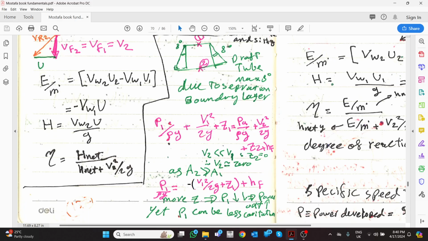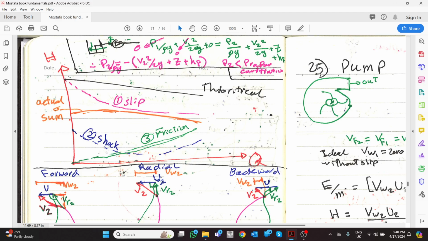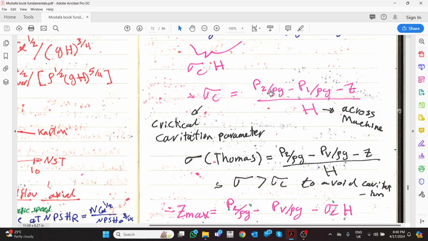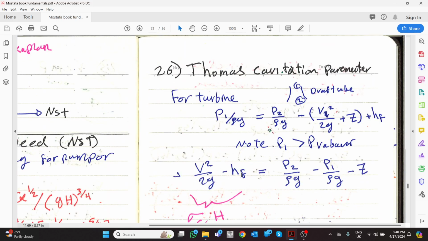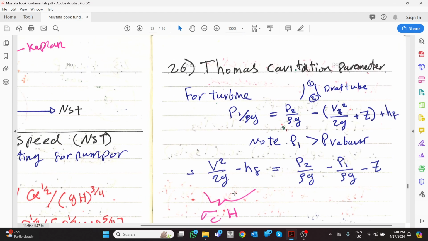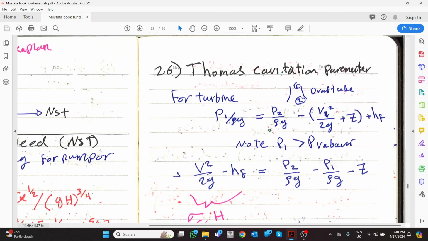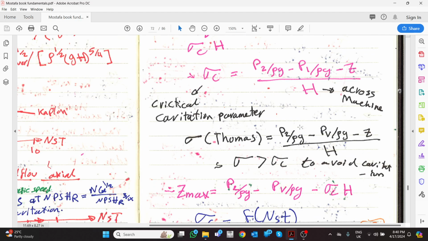So this point is equal to 0. That is why this one is minus and this one is plus, but in a pump both are plus, or both minus, whatever. So in the turbine, this one minus this one is equal to the pressure here over ρg, and the pressure here over ρg, and this is the height we discussed before.